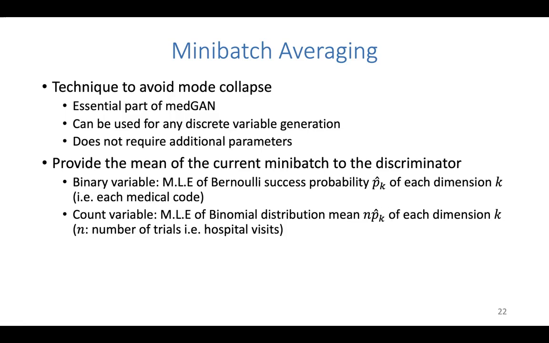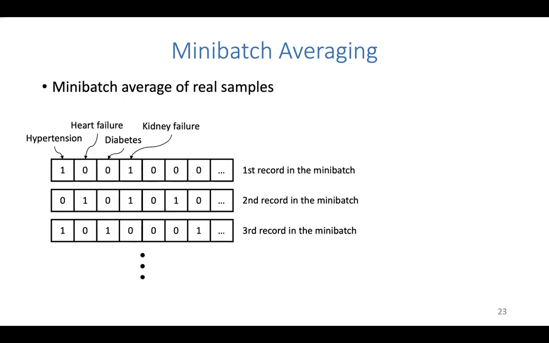So which is the number of trials, or just the number of an event happening, for each column. So the number of times the patient would receive a specific diagnosis code, or specific medication code, or specific procedure code.